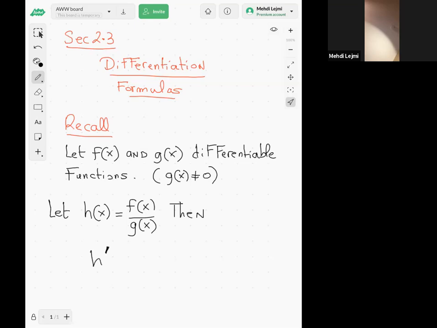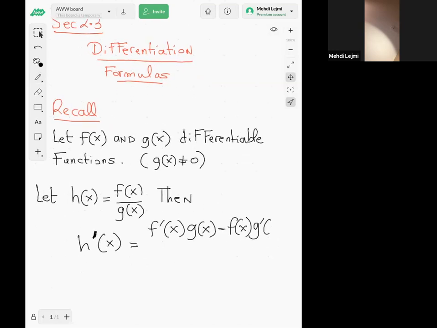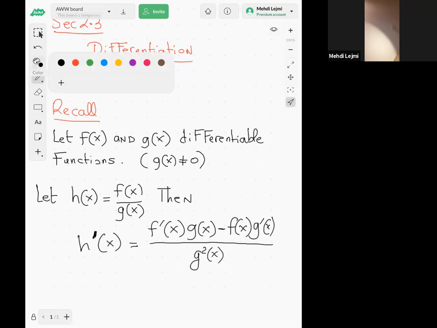So h prime of x is equal to f prime of x times g of x minus f of x times g prime of x, over g squared of x. So that's our quotient rule.